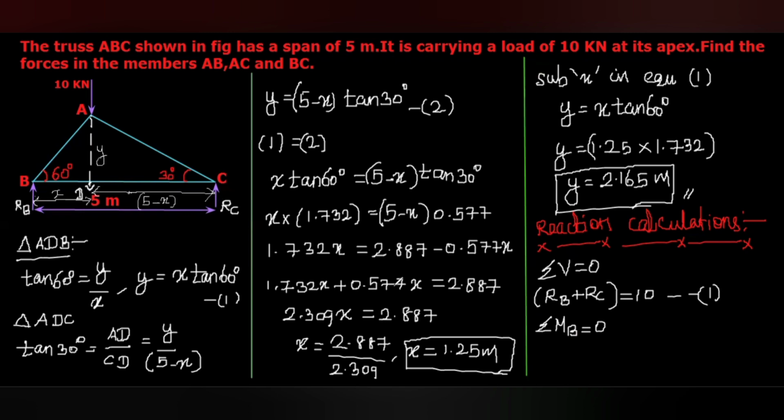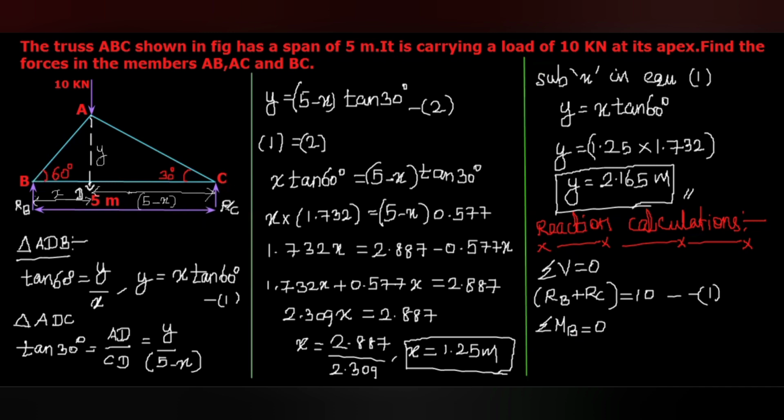When you take moment about B, among these three forces, the forces whose line of action passes through the point B can be eliminated. Like RB, that is exactly acting at point B, so there is no perpendicular distance here. So the moment due to the reaction RB, when you take moment about B, will be eliminated.